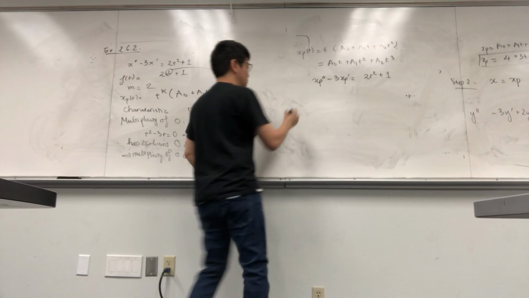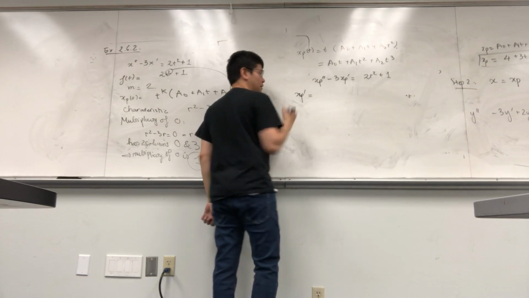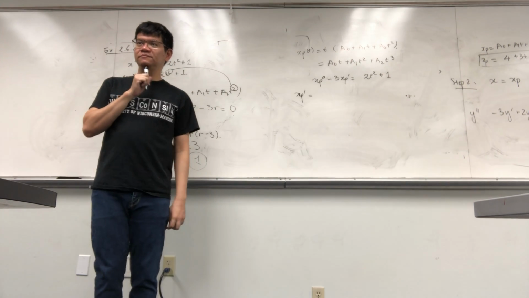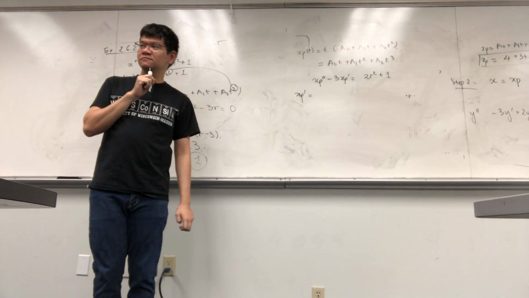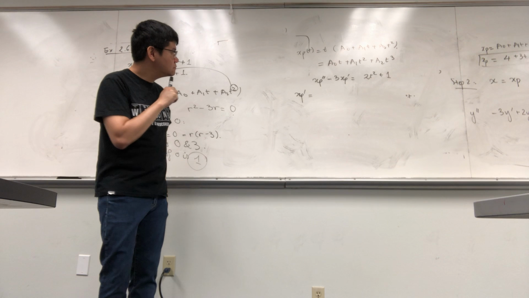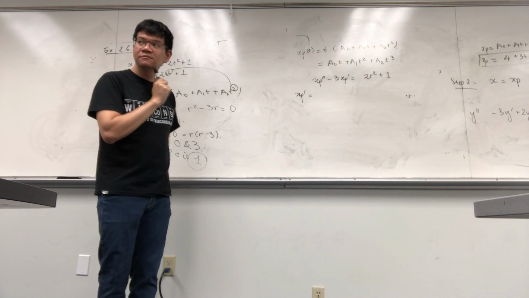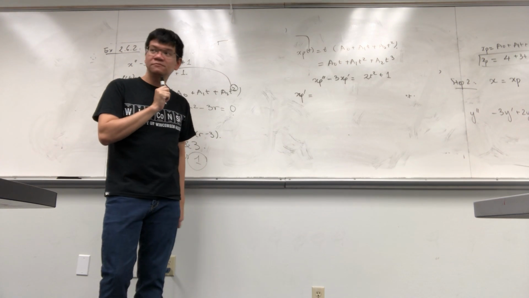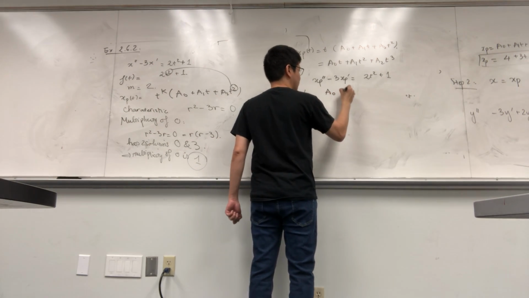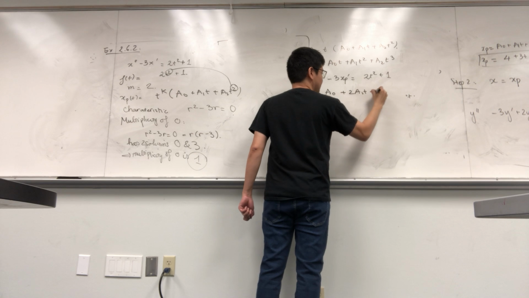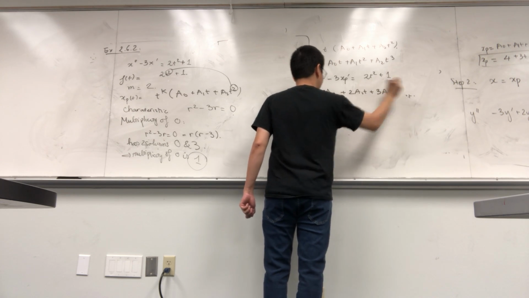So what is xp prime? It's a0 plus 2 a1 t plus 3 a2 t squared.